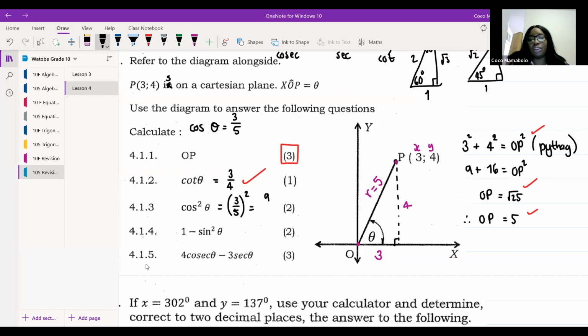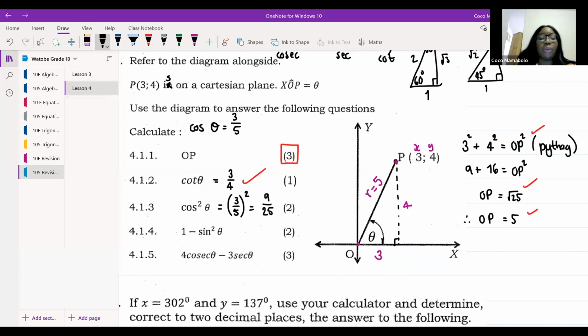Now we're seeing it. I have a feeling people took out calculators and started calculating for theta. No, we don't need to calculate for theta. We just want the ratio in relation to theta. So 9/25. 3 squared is 9, 5 squared is 25.